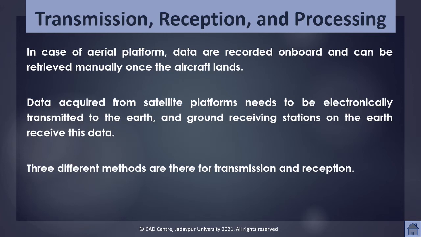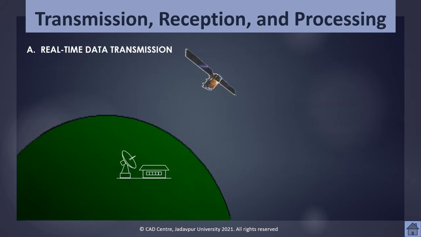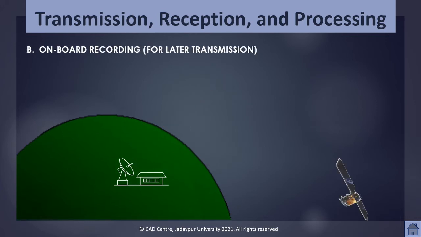There are three main ways for transferring data acquired by satellite to the Earth's surface. The data can be transmitted directly to the Earth if the ground receiving station is in the line of sight of the satellite. If this is not the case, then data can be recorded on board the satellite for transmission to the ground receiving station at a later time.